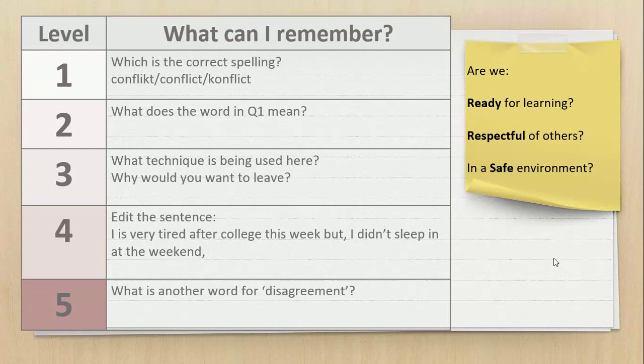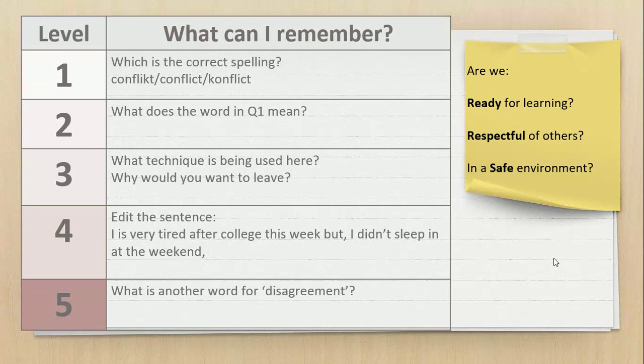Number 4, we need to edit the sentence. I is very tired after college this week, but I didn't sleep in at the weekend. Definitely some things that need to change here. The first thing you probably heard when I said that out loud was to do with the first part, I is. In a sentence, we always need to match up the person and the verb correctly.